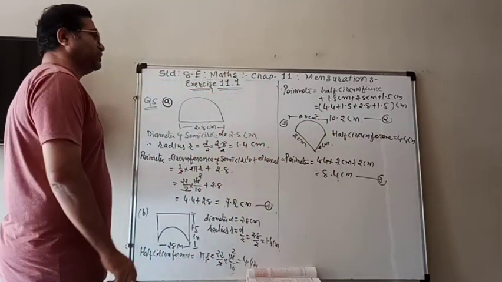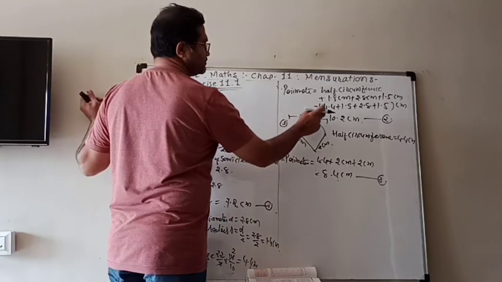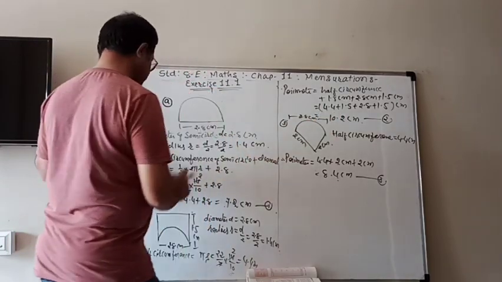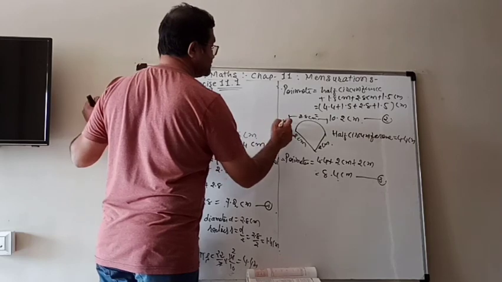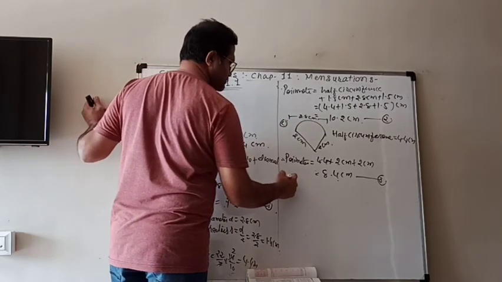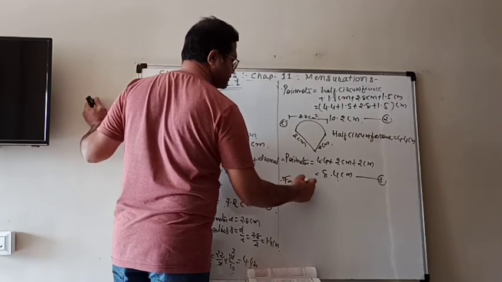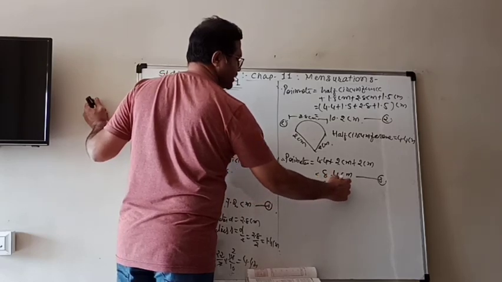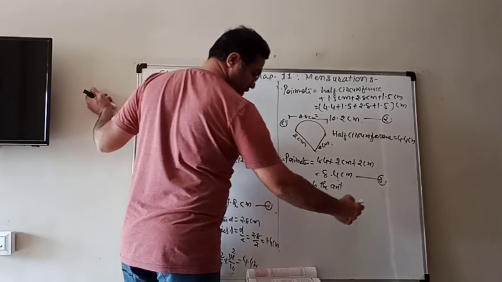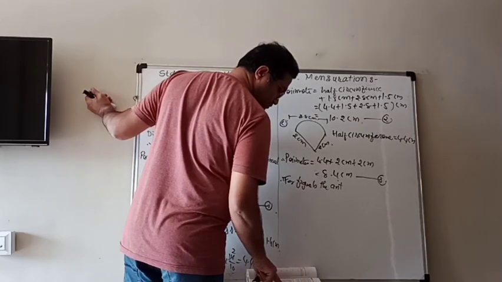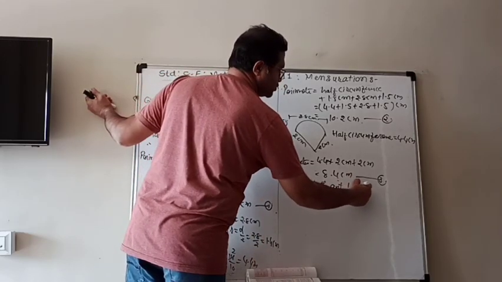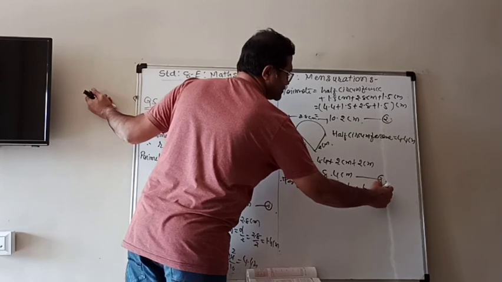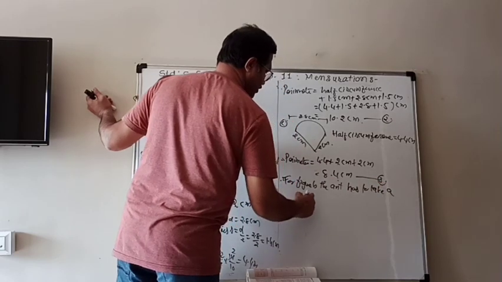So here you can see that first one is 7.2 centimeter, second one 10.2 centimeter, and the last one is 8.4 centimeter. It means that for figure B, the ant has to take a longer round.